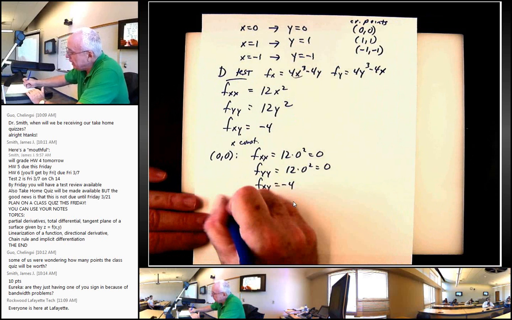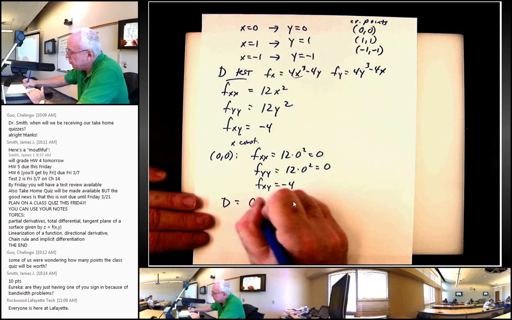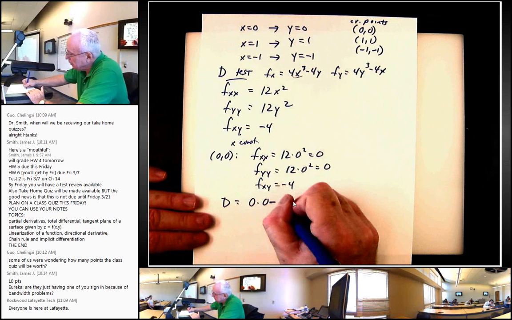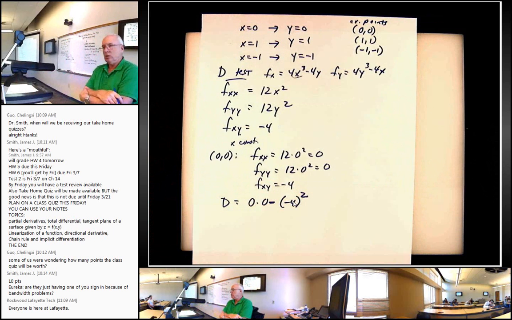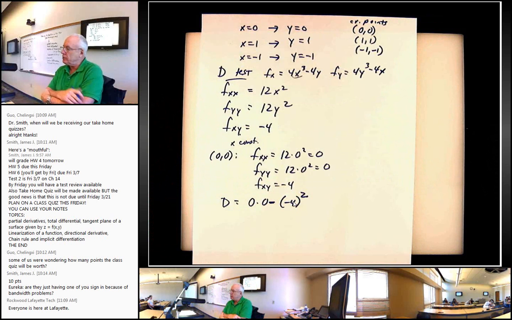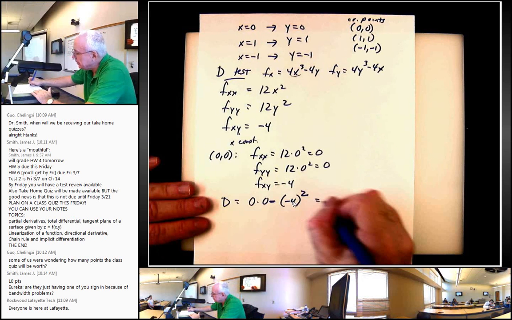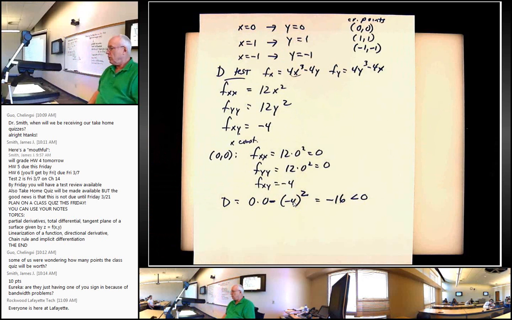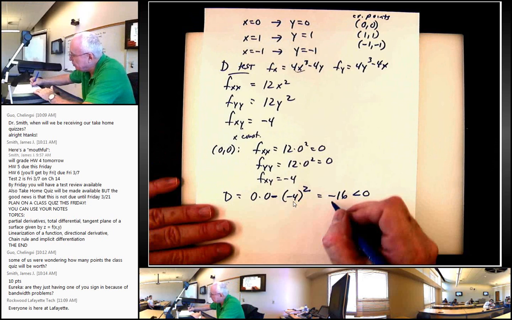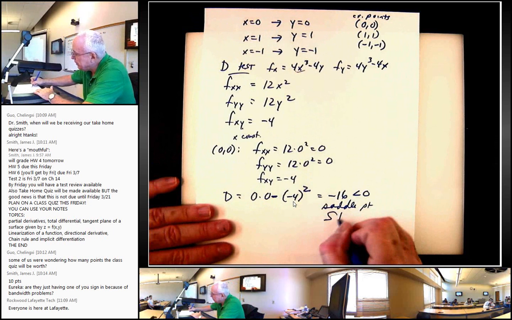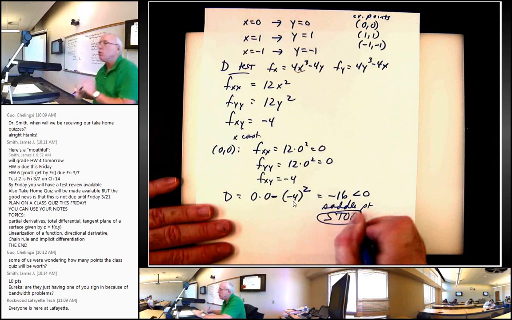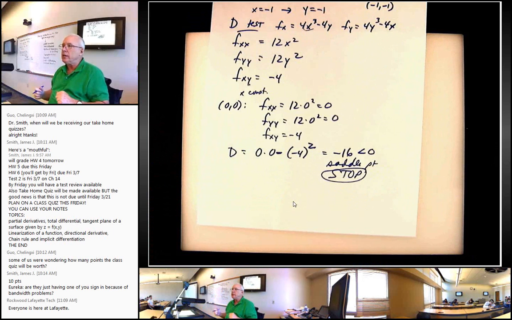So our D value is going to be 0 times 0 minus a minus 4 squared. All right, be careful with your negatives here. So this comes out to be negative 16. So therefore, we have a saddle point. And we stop for that critical point right there. We don't have to go any further. Once D is negative, we're done with that critical point.